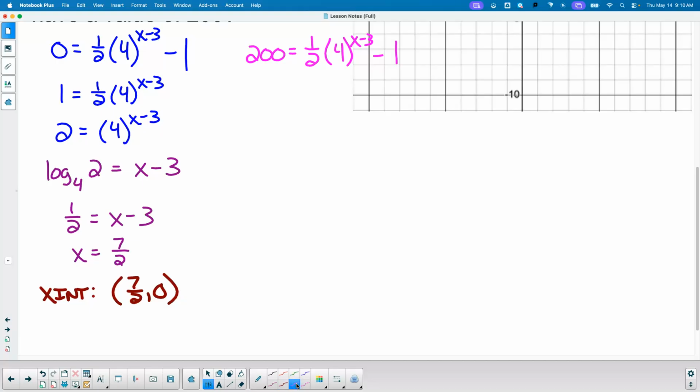Over here, in getting it equal to 200, add 1 again. Multiply by 2. Switch forms.